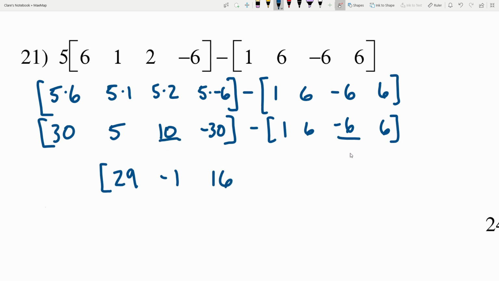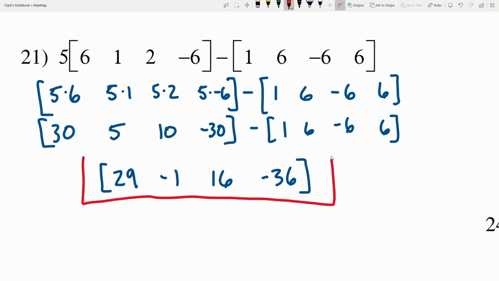And then first row, last column, -30 minus 6 is going to be a -36. So my solution in number 21 is a 1 by 4, 29, -1, 16, -36.